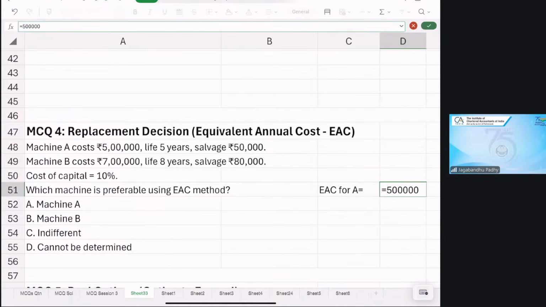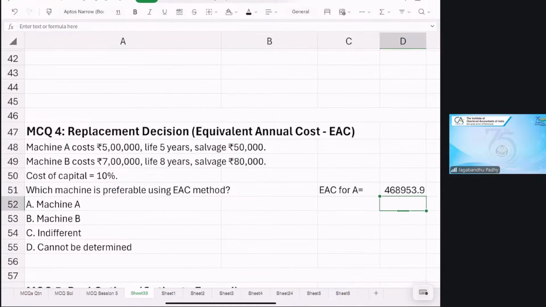I just need to subtract this 50,000 divided by 1.1 raised to 5, and this needs to be further divided by the present value annuity factor at 10% for 5 years.